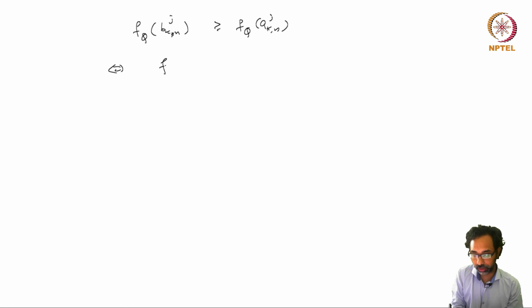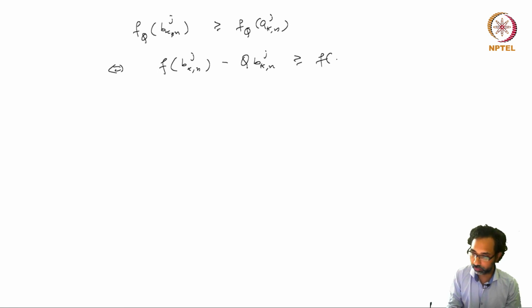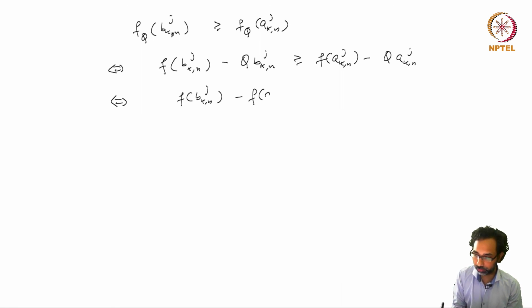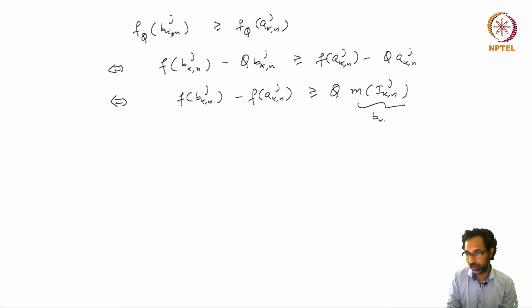This is the same as saying that by definition f of b_knj minus Q b_knj is greater than or equal to f of a_knj minus Q a_knj, and this is the same as saying that f of b_knj minus f of a_knj is greater than or equal to Q times the measure of I_knj, which is just b_knj minus a_knj.